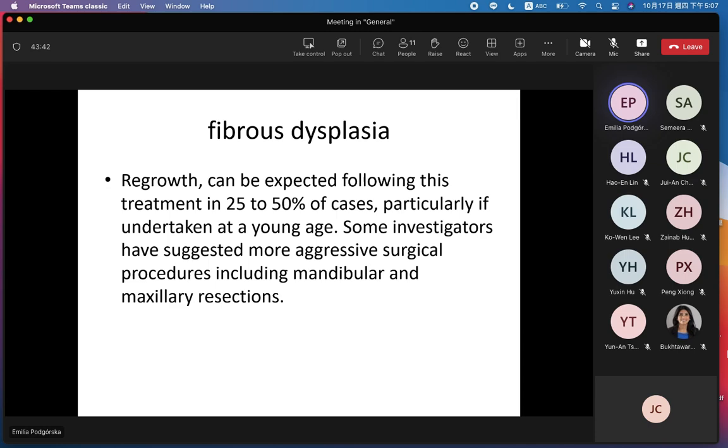Regrowth can be expected following this treatment in 25 to 50% of cases, particularly if undertaken at a young age. Some investigators have suggested more aggressive surgical procedures, including mandibular and maxillary resections.